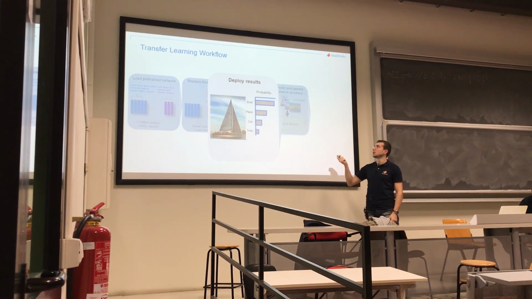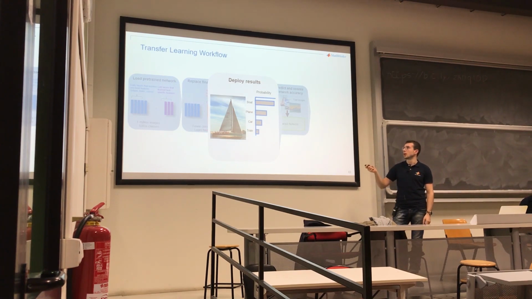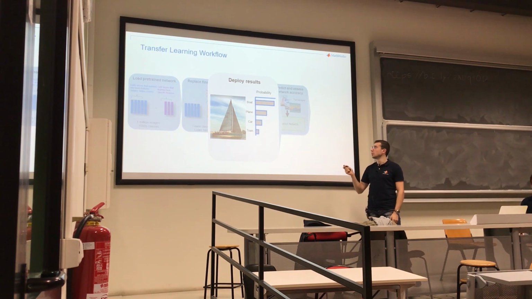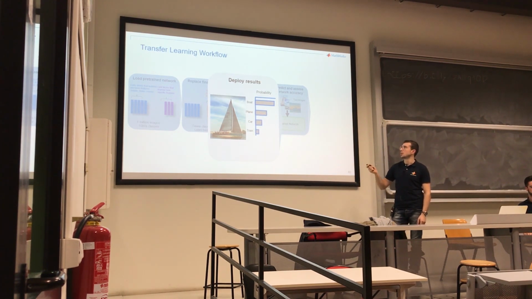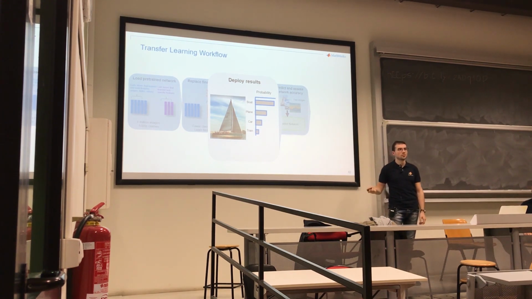With this, we can deploy the result, so we can see if the image is labeled correctly or not. In this case, we have a boat, of course, and this is the other, but as you can see here, it classifies right, it's a boat. Okay? This means the network is working.